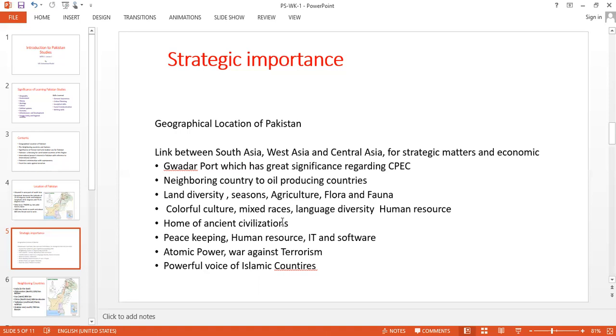Their remnants are still surviving, and most of these sites have been included in UNESCO World Cultural Heritage. And if these sites are promoted and people are invited, it can increase tourism.